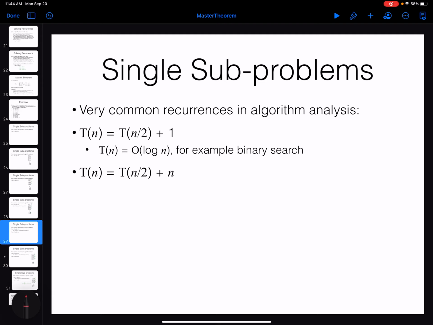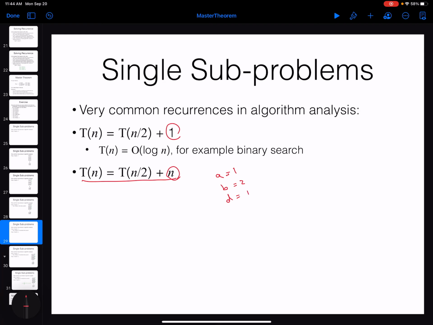Here is another formula. You see that this is different from the previous one because this term has changed to n. Again, you can apply the master theorem. If you apply it, a is equal to 1, b is equal to 2, d is equal to 1.